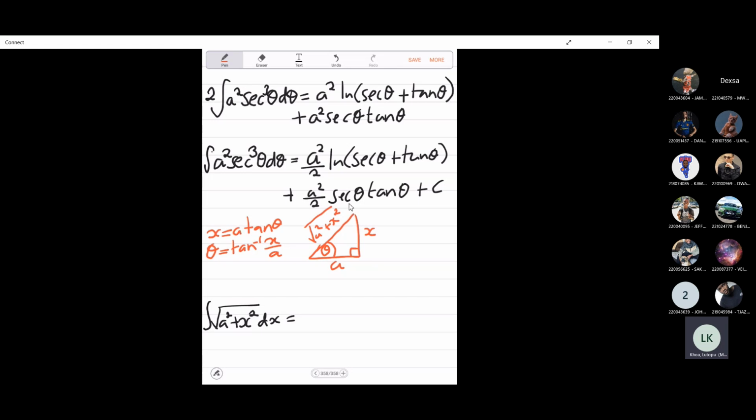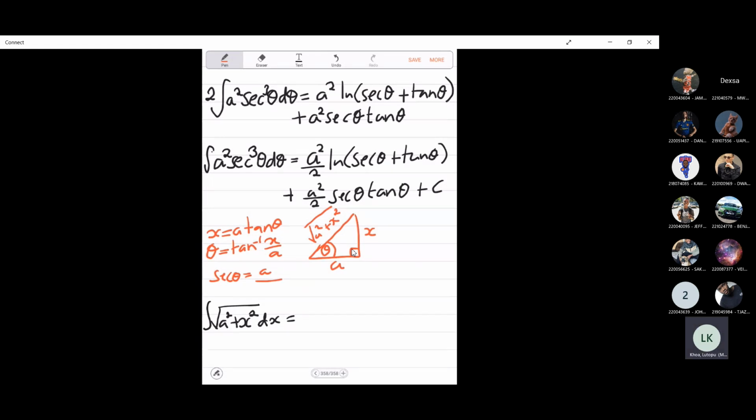And then sec theta, sec is the reciprocal of cos, and cos is adjacent over hypotenuse. So sec is the hypotenuse over the adjacent. So sec theta is going to be the square root.